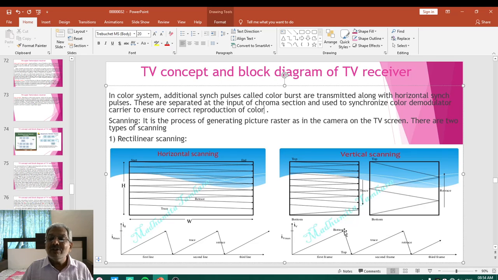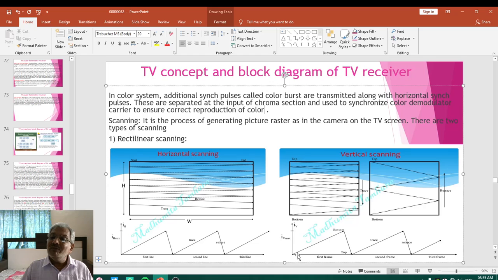And when the current through the vertical deflection system starts decreasing, the spot which reached the bottom right of the screen now starts moving to the top of the screen, and finally reaches the top left of the screen. This takes place during the vertical retrace period. And during this vertical retrace period, 40 lines are wasted.